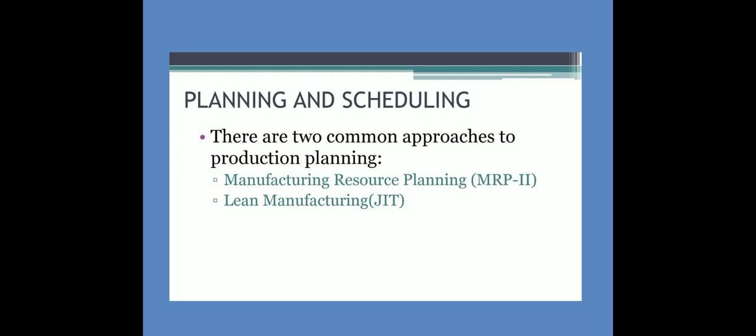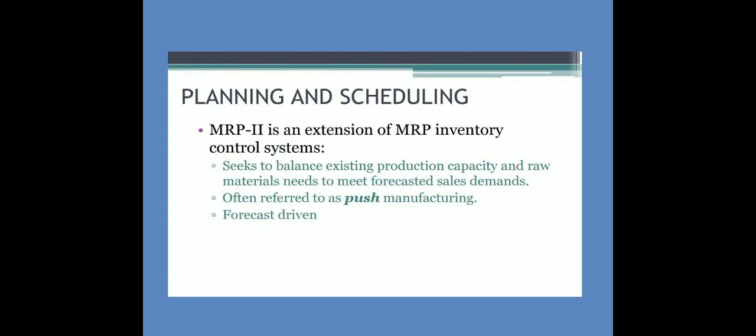Manufacturing resource planning, lean manufacturing. Planning and scheduling. MRP II is an extension of MRP, inventory control systems. So, nandun yung is to balance existing production capacity and raw materials needs to meet forecasted sales demands, often referred to as push manufacturing and forecast driven.